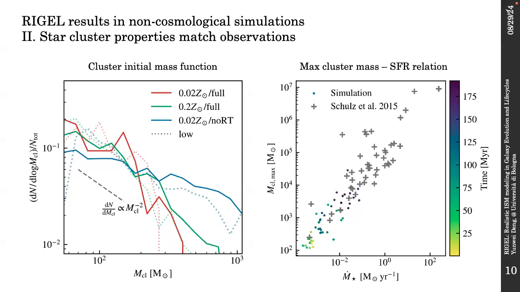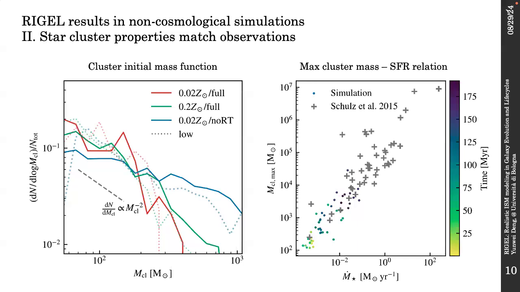Another figure shows the relation between the maximum cluster mass in the galaxy and the galaxy-wide star formation rate from merger simulations. The green dots are the observations, and the colorful dots are the relation from different times in the merger simulation, so basically different merger stages.